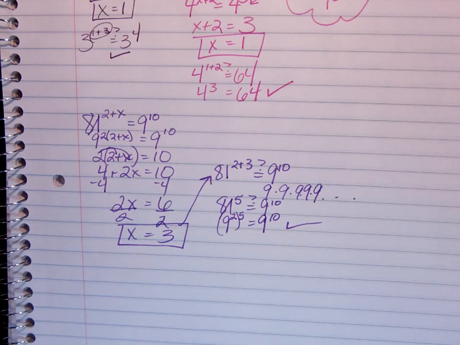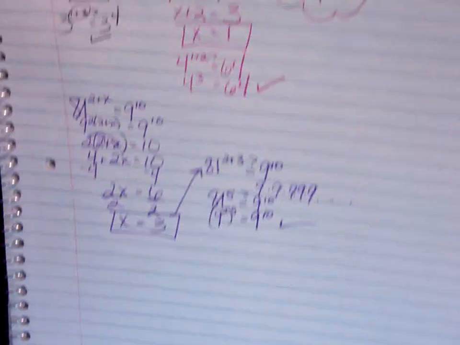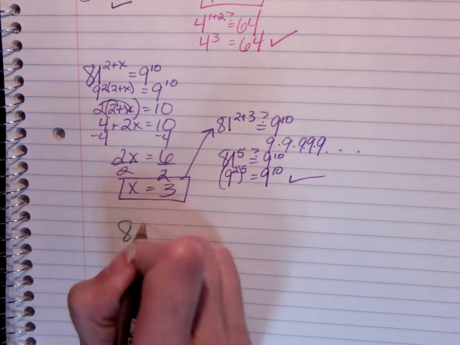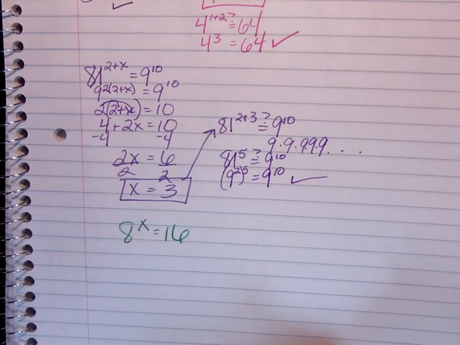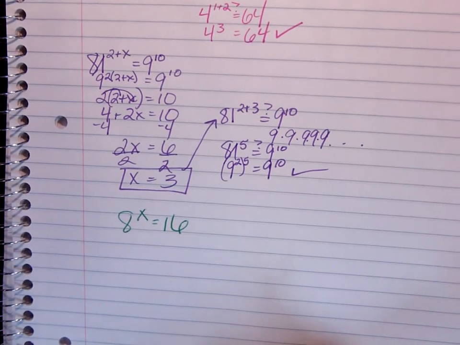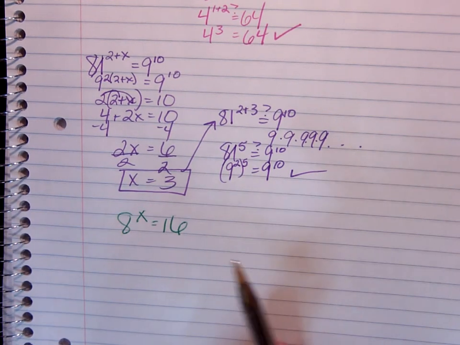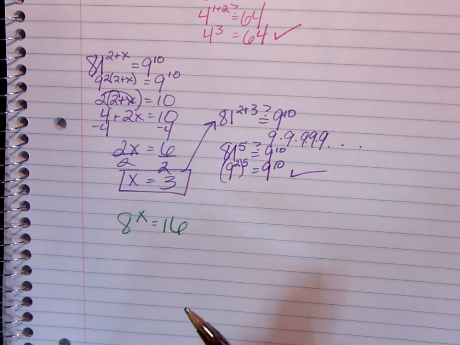It's not always possible to make the same base on both sides. Take, for example, something like 8 to the x equals 16. There's not a convenient power of 8 that'll get 16. I watched some of you guys last week start fiddling with those decimal exponents.